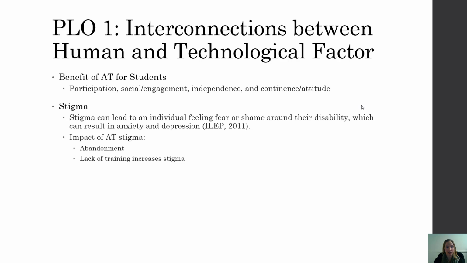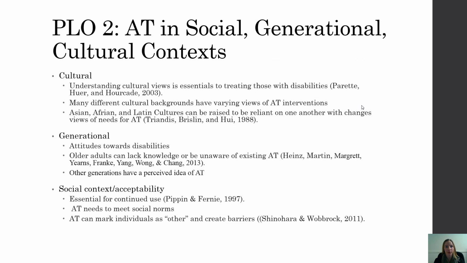All right, so let's move on to program learning outcome number 2, which is AT in social, generational, and cultural contexts. So cultural. Understanding cultural backgrounds is essential to treating individuals with disabilities. Understanding varying cultural views of disability and its relationship to diagnosis and treatment may be crucial to AT interventions for children with disabilities.